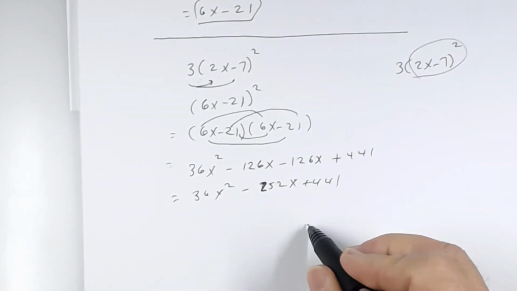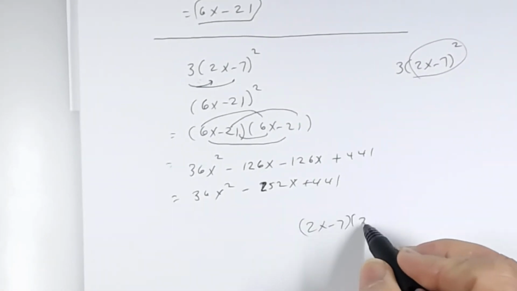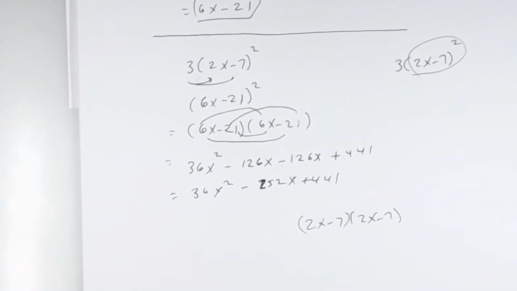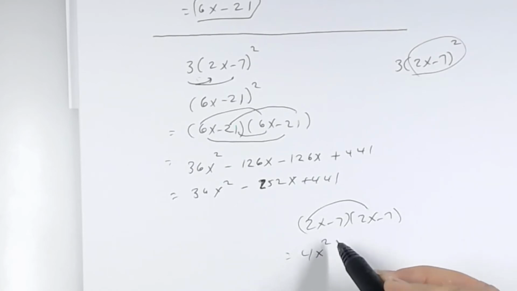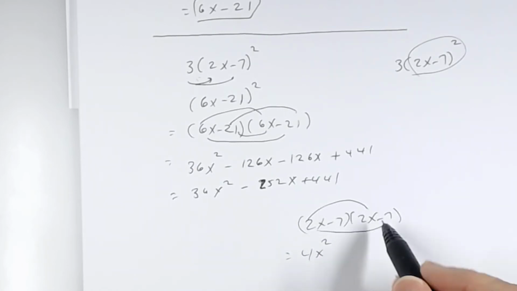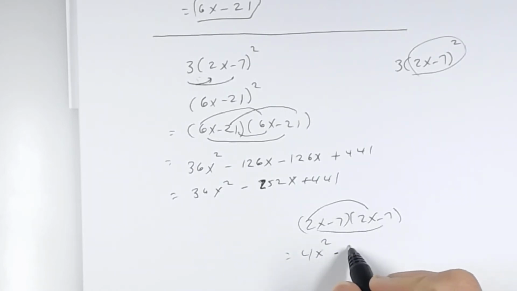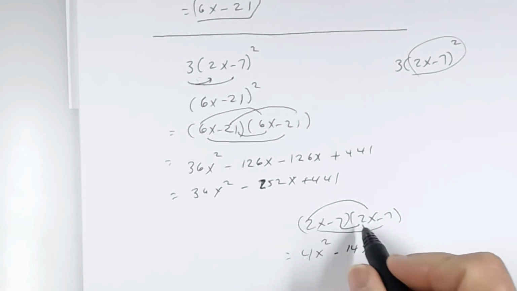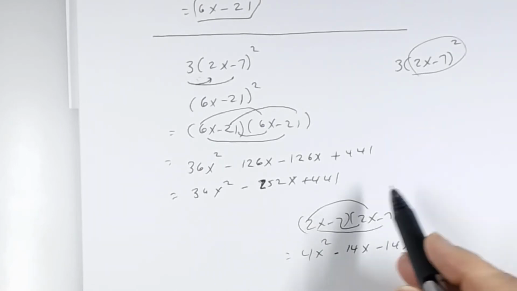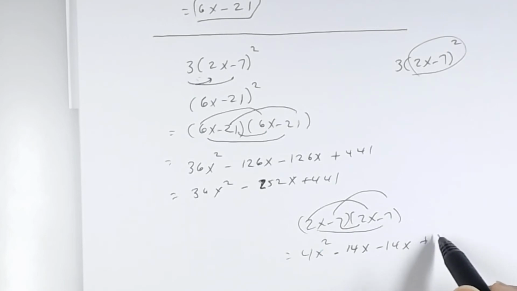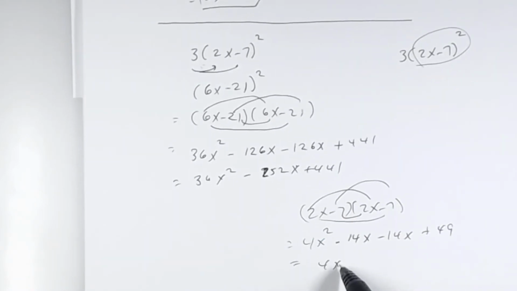So 2x minus 7 times 2x minus 7. What's 2x times 2x? 4x squared. What's the outer? Minus 14x, and so is the inner. And then what's the last? 49. Okay. Combine like terms. I get 4x squared minus 28x plus 49.